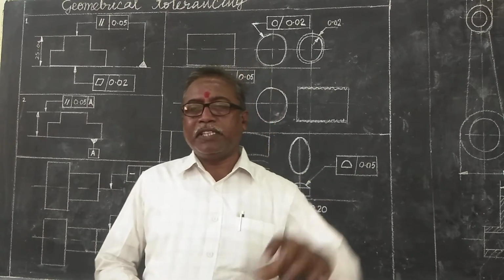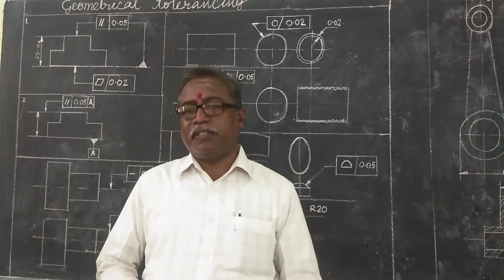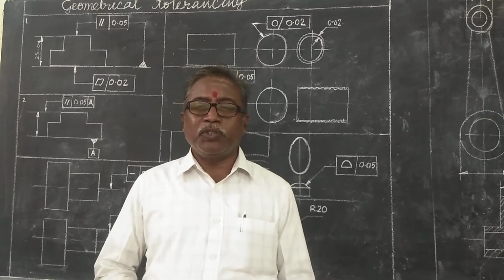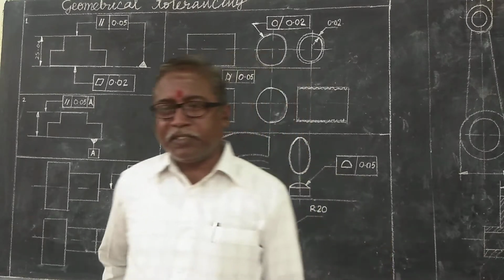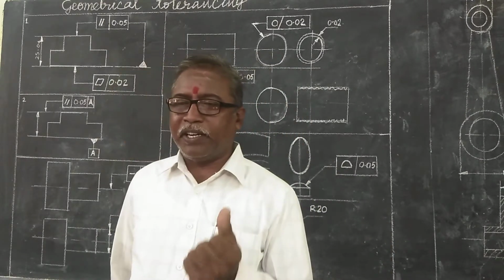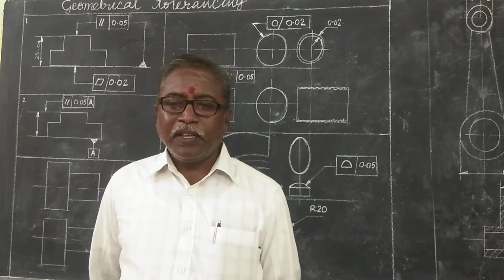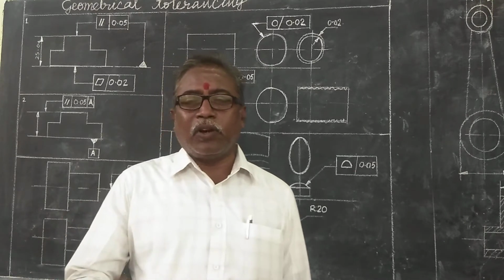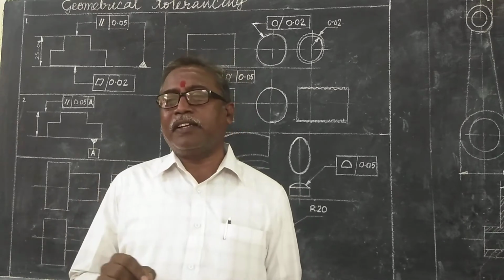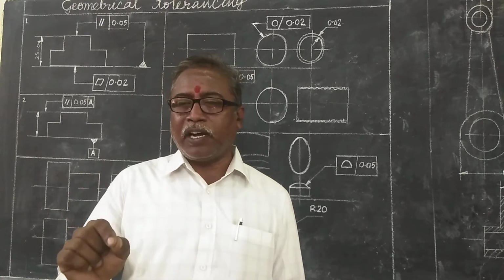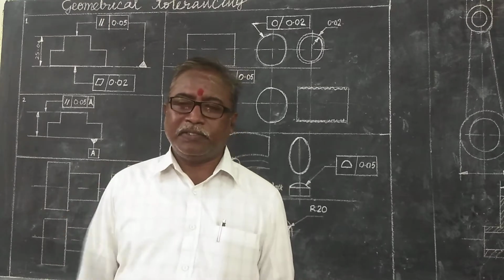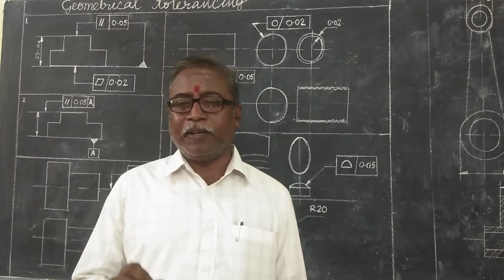Already we discussed yesterday about the drawing, the terms used. Now geometrical tolerancing. What is geometrical tolerancing? Geometrical tolerancing is the maximum permissible overall variation. Keep that in mind.